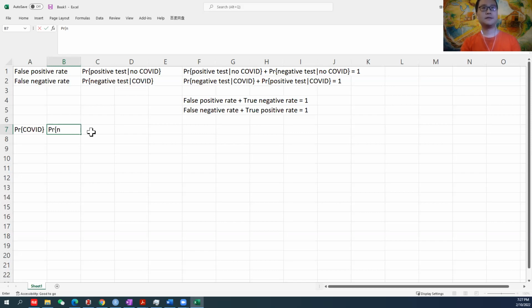Let's find this first. If we already know the chance or the prevalence of COVID, that's this statistic, how can we calculate this one? That's the false negative rate.